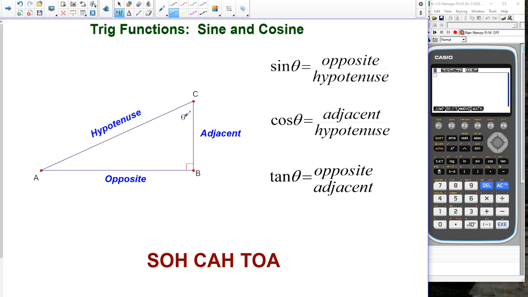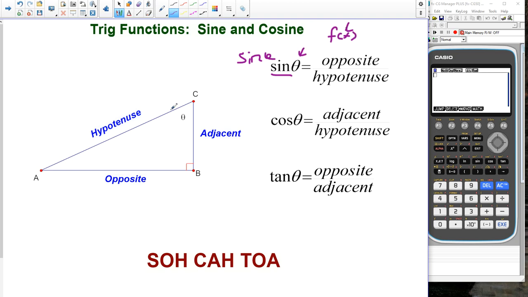So given angle theta, which is angle C here, we have opposite, adjacent, and hypotenuse. Our first trig ratio that we're going to have memorized is called sine. It's actually S-I-N-E, but we abbreviate it with 3 letters. And this is a function, just like f of x is a function. We have an input of an angle.